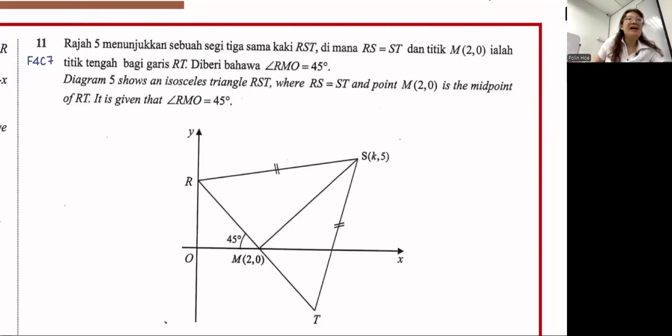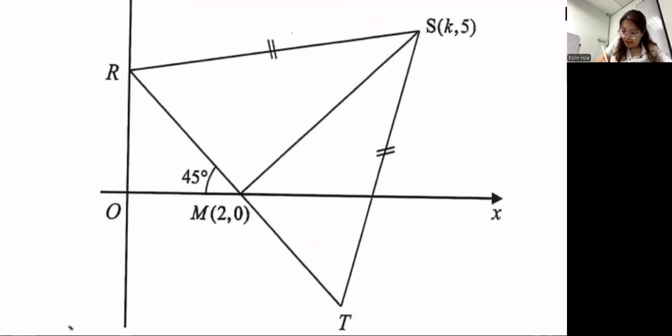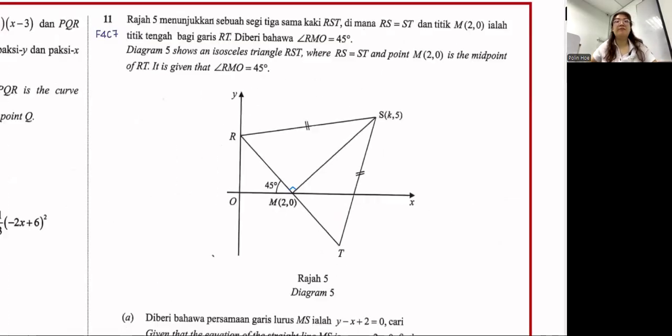Let's see together. Diagram 5 shows an isosceles triangle RST where RS equals ST, and point M is the midpoint of RT. It tells us that because these two are of the same length, and point M is the midpoint, this actually forms a 90 degree.